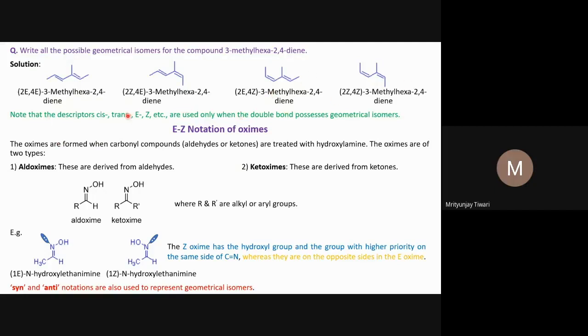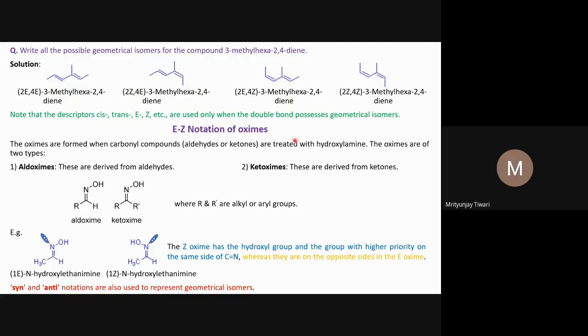Note that descriptors like cis, trans, E, Z are used only when the double bond possesses geometrical isomers. If the double bond does not possess geometrical isomers, suppose this group was hydrogen, then this double bond will not possess a geometrical isomer. So we won't show any Z or E isomerism for this double bond, at the fourth carbon atom.